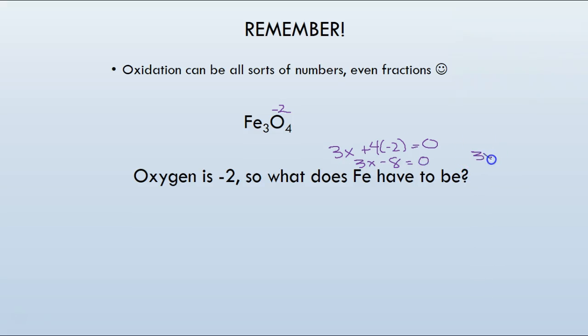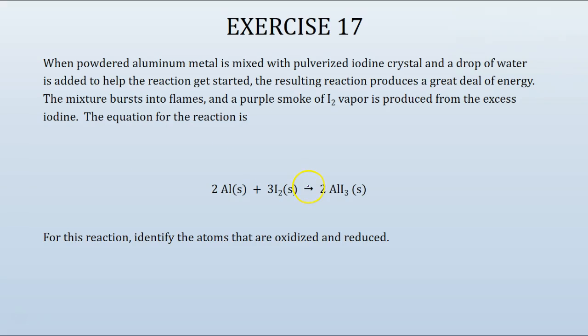So 3x is equal to 8. So x is equal to 8/3. You're like, can we have that? And the answer is absolutely. Iron things can be halves, thirds, they can be fractions, so don't panic about that. Just make sure that you're doing the right rules. Okay, make sure you're doing the right rules.